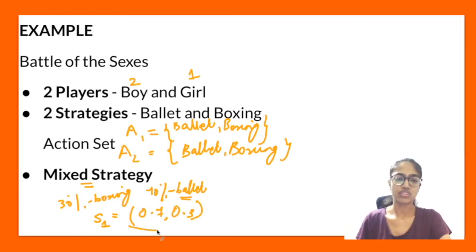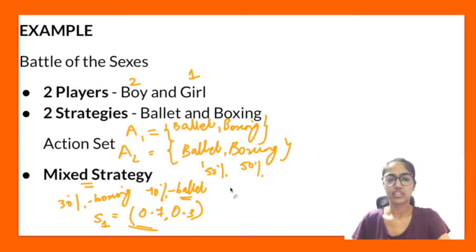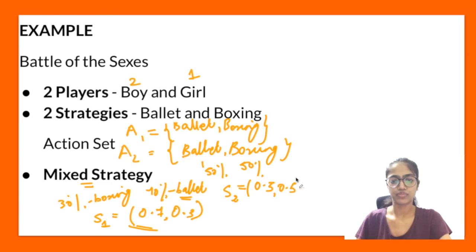This is the strategy set for player 1. And if the boy chooses to go 50% of the time to ballet and 50% of the time to boxing, then we can write the mixed strategy set for player 2 as 0.5 and 0.5. So this is how we represent the mixed strategy sets.